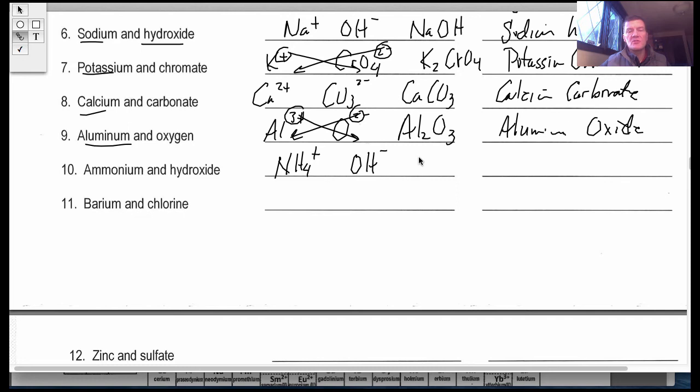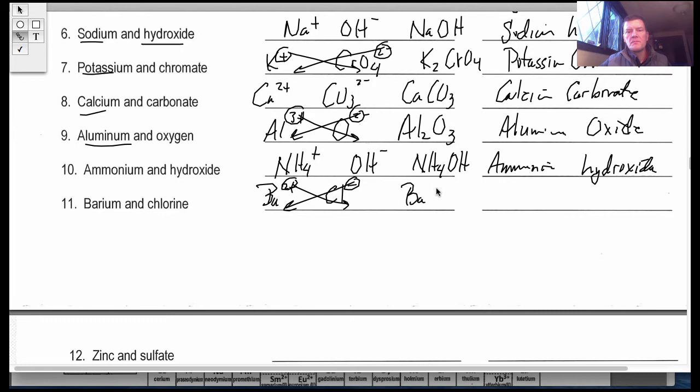So there's just 1 of each of these. This is ammonium hydroxide. Okay. Barium is a +2. Chlorine is a -1. You're going to need 2 chlorides, 1 barium. This is barium chloride.